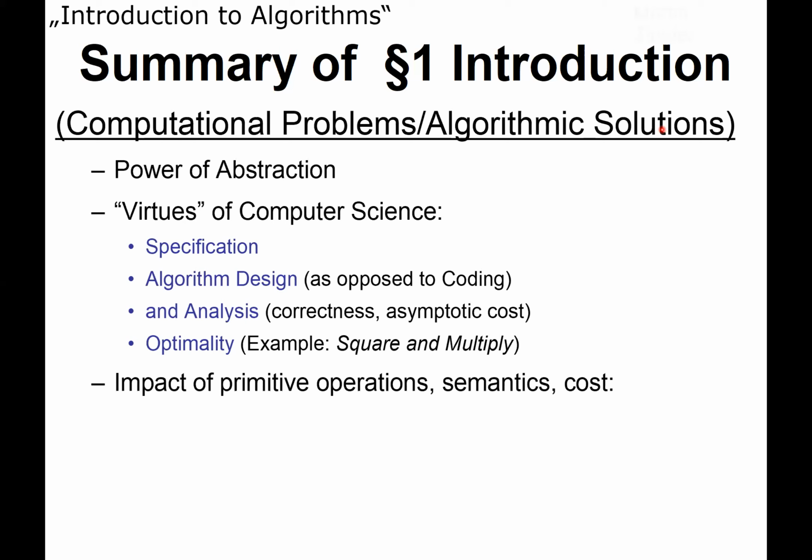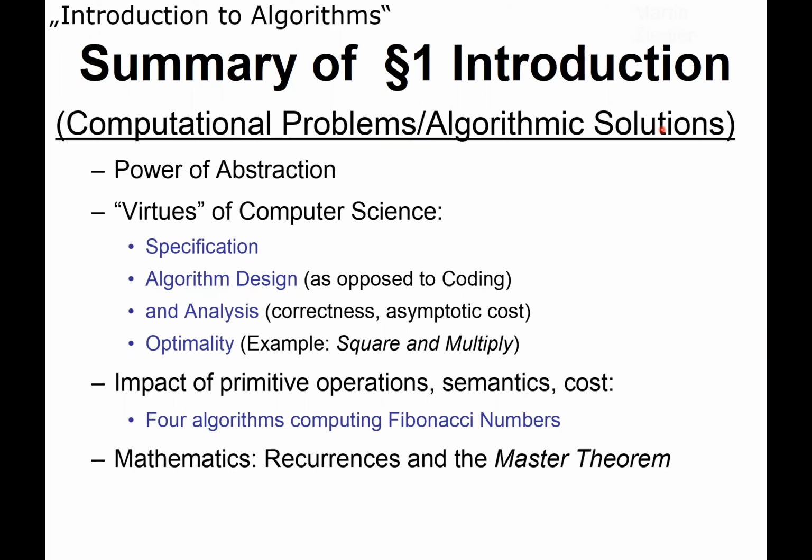Then we emphasized the importance of which primitive operations and what cost to charge the primitive operations by considering 4 different algorithms computing Fibonacci numbers, more and more efficient from exponential time via polynomial time, via linear time, up to logarithmic time and constant time even, but at the same time using more and more powerful primitives from only incrementing and addition to also using multiplication, and finally even exponentiation and logarithm of an irrational number.